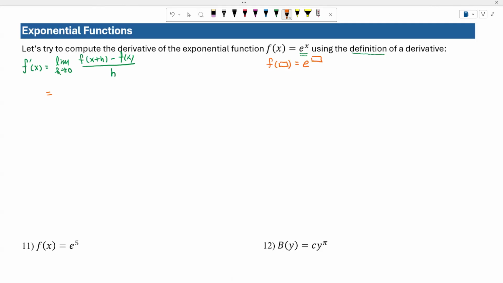Basically, it's kind of like we have the input as a box, and we are going to work with the expression e to the box. So the limit as h approaches 0 of e to the x plus h, this is the box that we have, minus e to the x, over h.